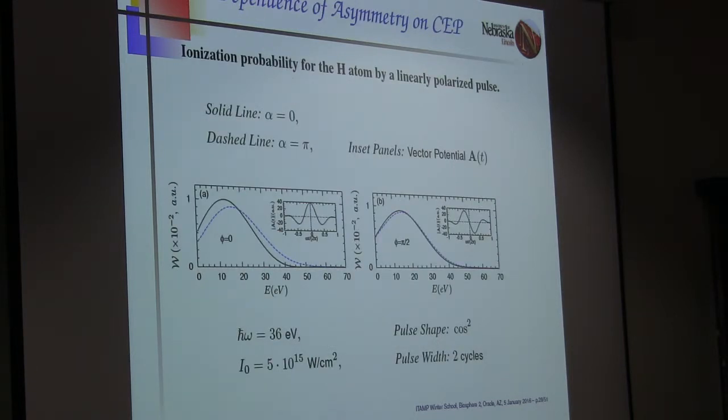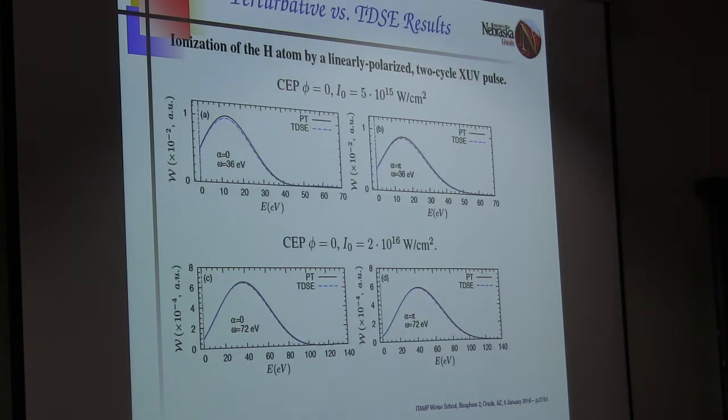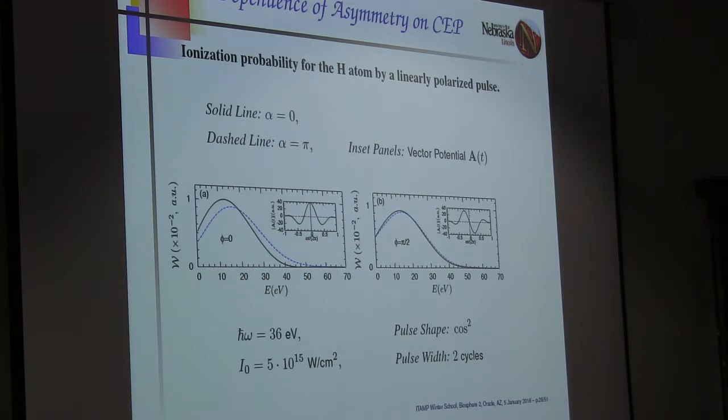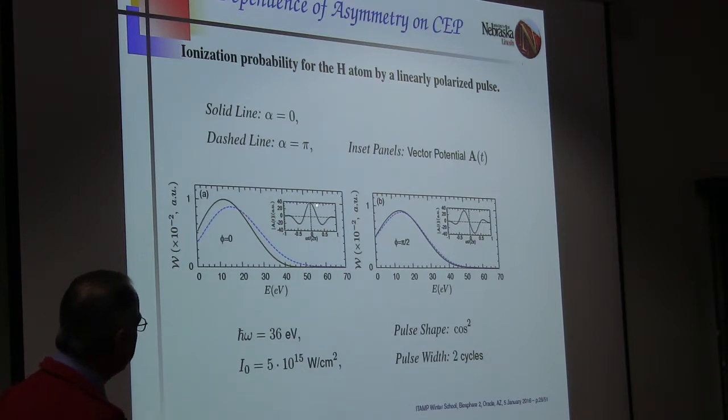But now if we subtract those two terms, so we take here the results along the positive z-axis and the negative z-axis and subtract them, you see this asymmetry. And you see that the asymmetry crosses. And the asymmetry exists when the vector potential has this shape.